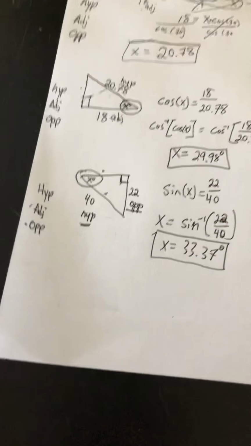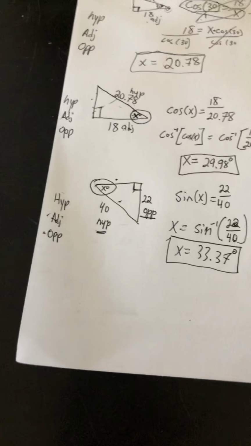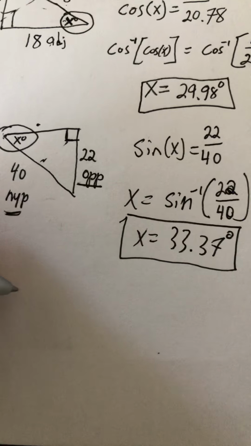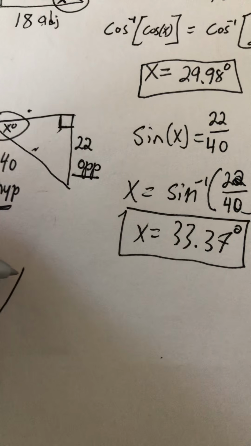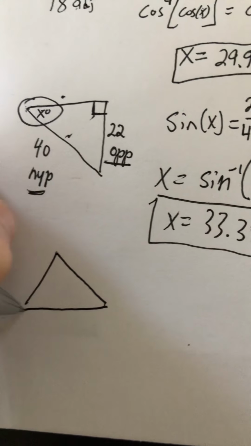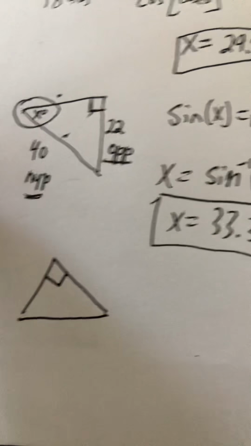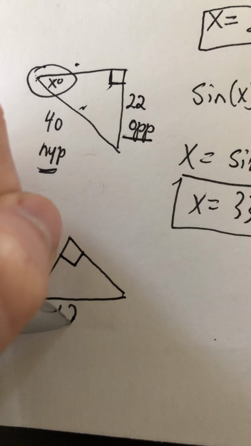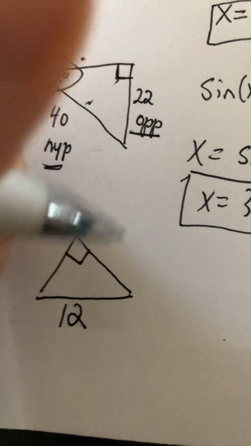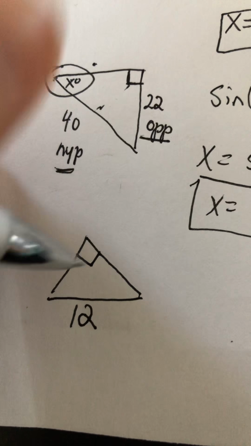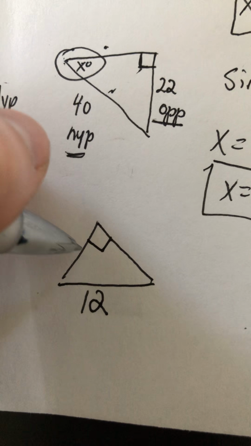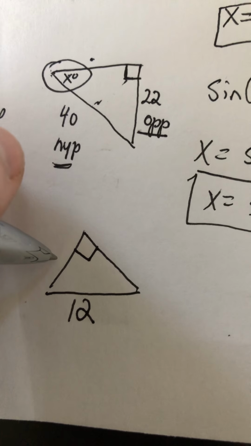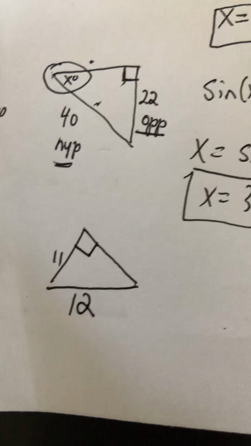Okay, let's go ahead and do another one together. Okay, let's go and draw our triangle this way. And we've got 15, let's go 12, and 11.